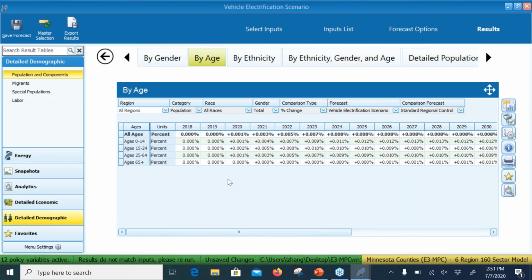But these are examples of economic analyses that are possible in all of REMI's software and E3 Plus in general.